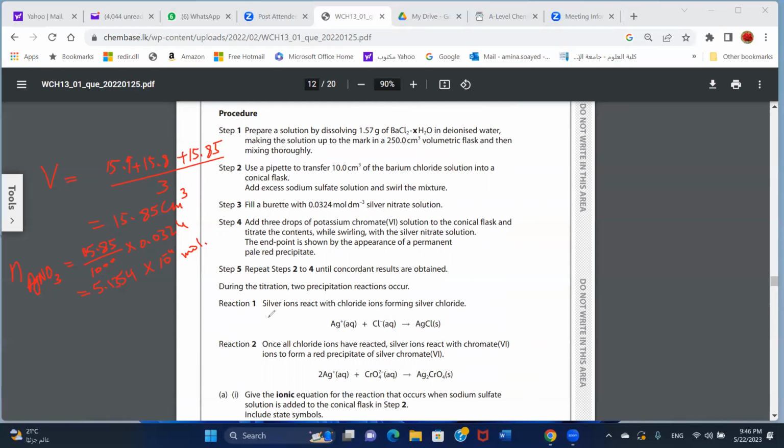What do we want to determine? The number of moles of water. No, we never calculate the number of moles of water. We calculate the number of moles of the solutions that we are titrating each other with, isn't it? You found the number of moles of silver. So what do you get afterwards?